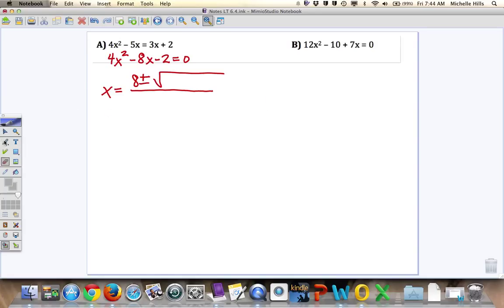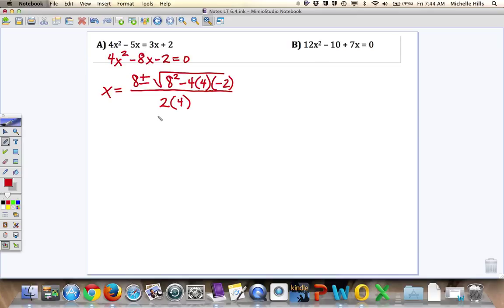But because I'm squaring the number, it really doesn't matter whether it started as a positive or a negative, and it's just easier to write 8 squared minus 4 times a, which is the coefficient of the x squared term, so 4, times c, which is the constant, so negative 2, all over 2 times a, which is 2 times 4.